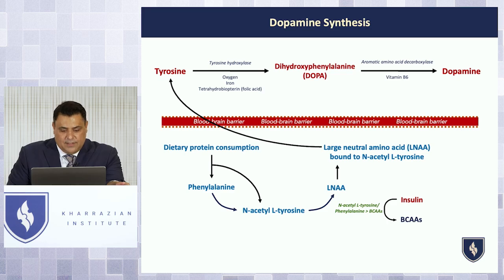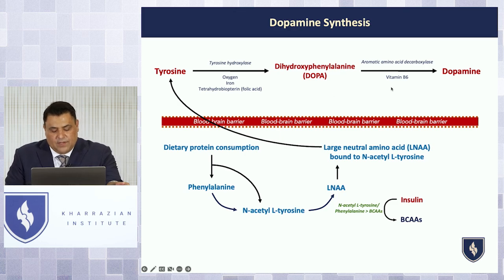Now, dopamine is synthesized through dietary consumption of proteins. You get phenylalanine, which gets converted to tyrosine. And then the large neutral amino acid transporter transports tyrosine across the blood-brain barrier into the brain. And then tyrosine gets converted by tyrosine hydroxylase to DOPA, and then DOPA gets converted into dopamine by B6 and oxygen, iron, folic acid.